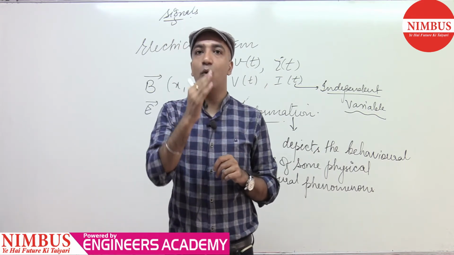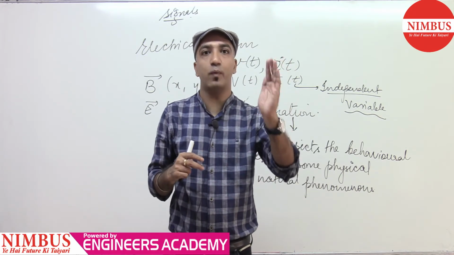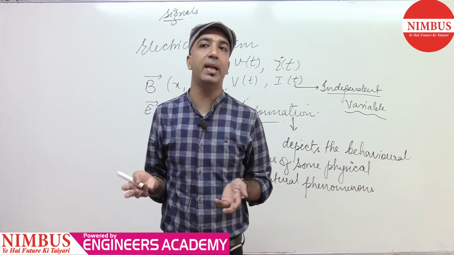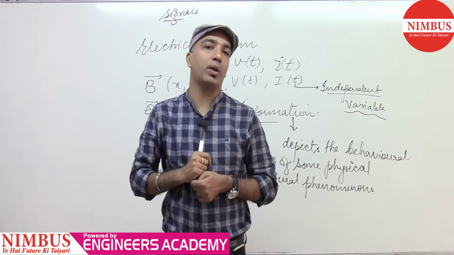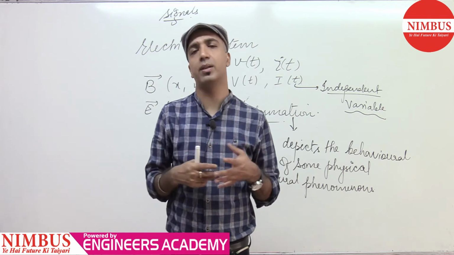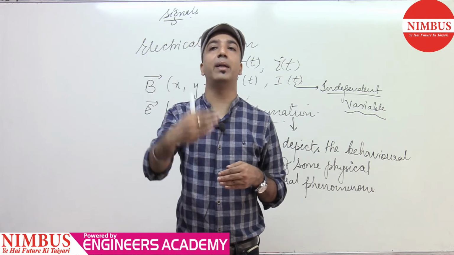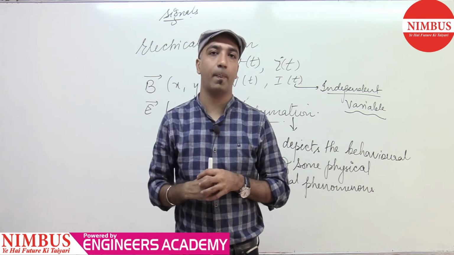It may vary with more than one variation. So to represent those variations, definitely I would be needing more than one independent variable. In that case, it's very obvious that I need more than one independent variable.